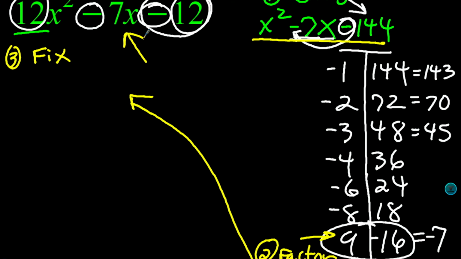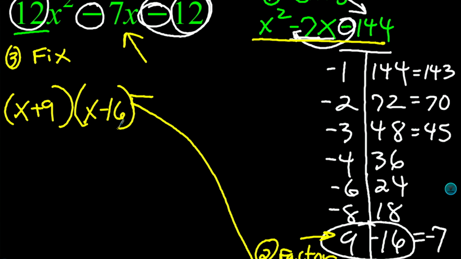So we had x plus 9, and we had x minus 16. Those were our factors. And remember, to fix it, we have to take this leading coefficient and divide each one of these by our leading coefficient. This problem is also different in that we have fractions now that we're going to have to reduce. So we need to reduce these as low as they'll go first, and then if we have to, do the under-over.